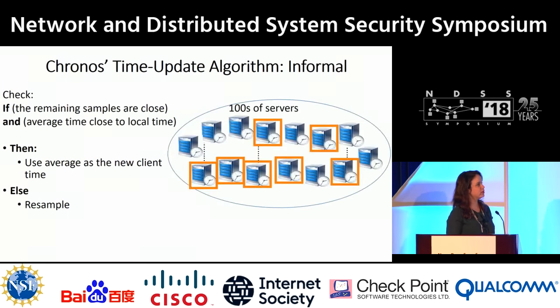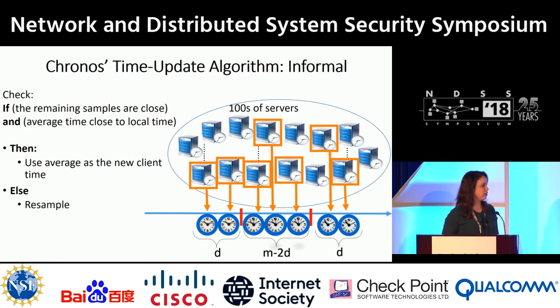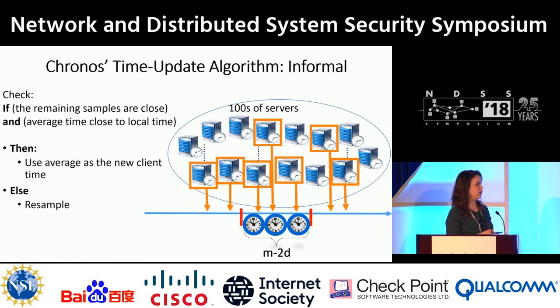We try again. And again, out of hundreds of servers, M are queried, D from each side are outliers and are distinguished, and then we focus on the remaining set, try to check whether they're close to each other, and if their average time is close to the local time.